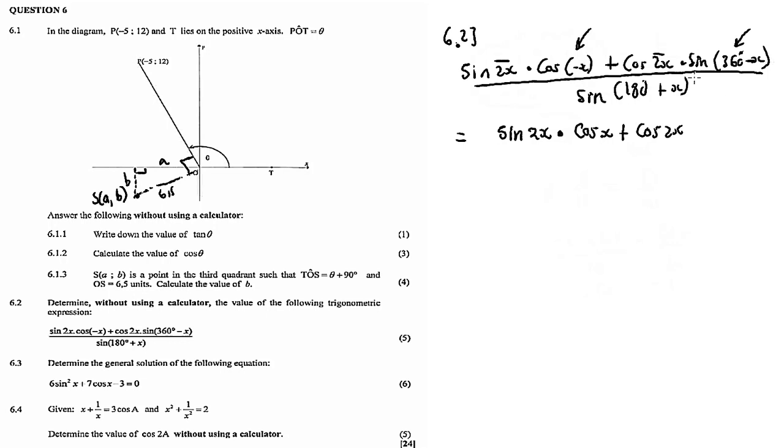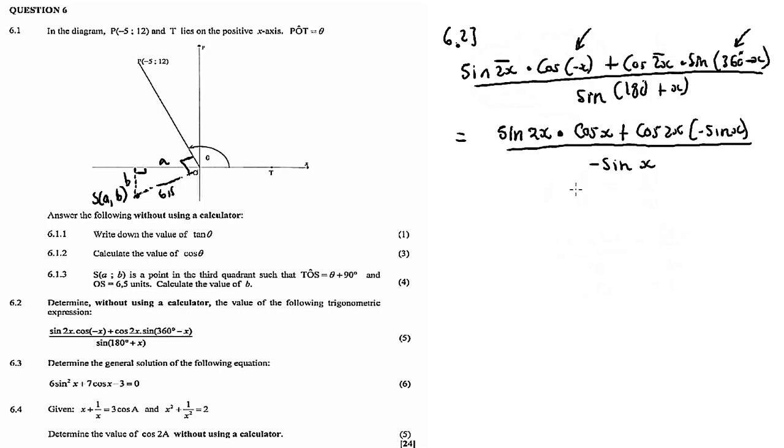In the fourth quadrant sine is negative, so it's negative sine x, divided by sine of 180 degrees plus x. It's in the third quadrant, where sine is negative, so it's negative sine x.